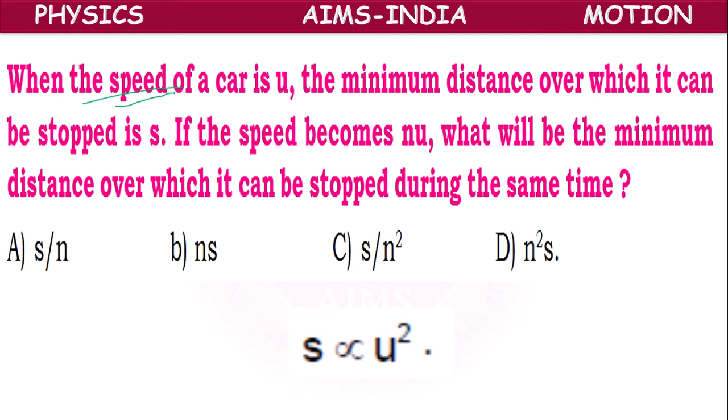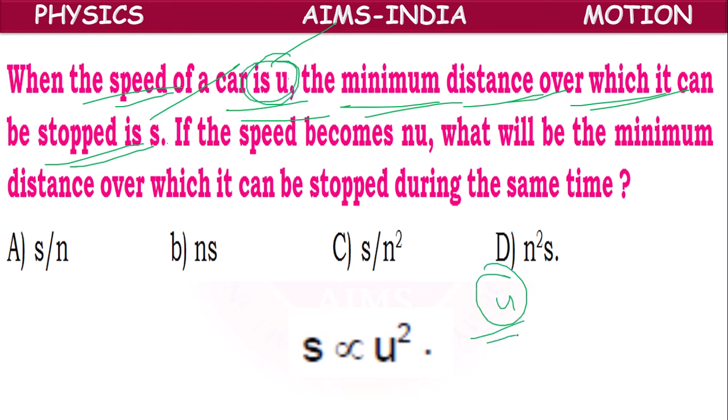Next. When the speed of a car is u, the minimum distance over which it can be stopped is s. That means the car speed is u, it is going with u speed. If you apply brakes or any force, the minimum distance over which it can be stopped is s.